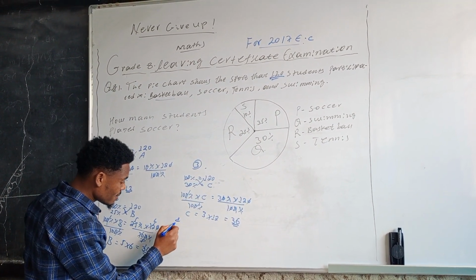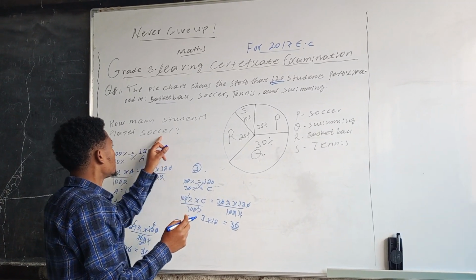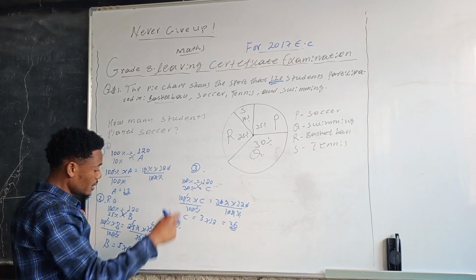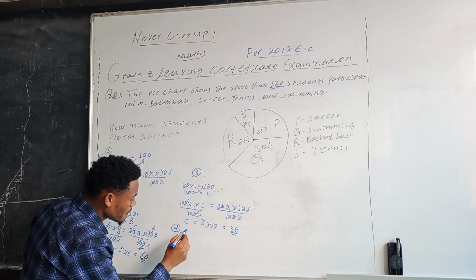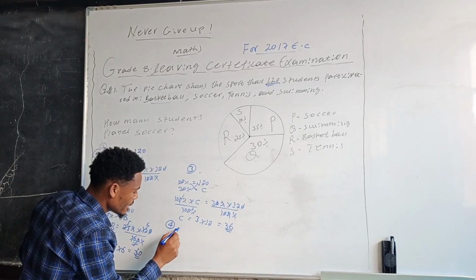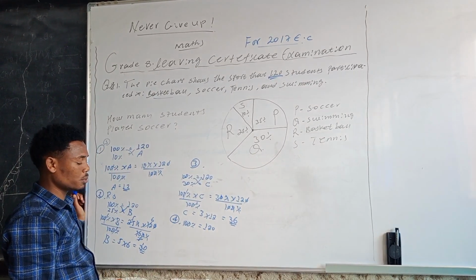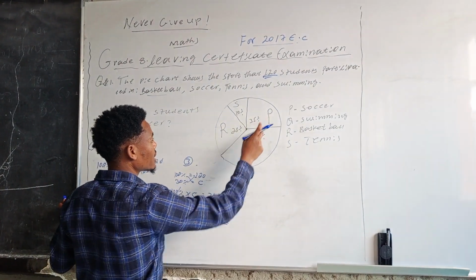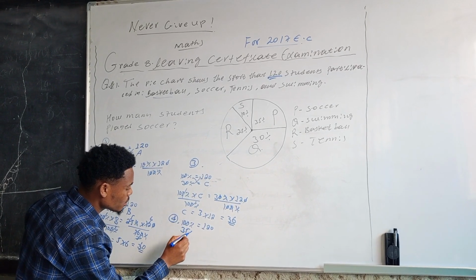And the last and final: how many students played soccer? Having this idea, 100% equals 120, and the percent that participated in soccer is 35%.